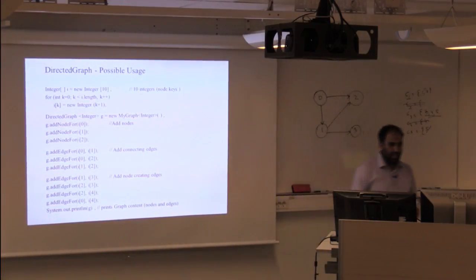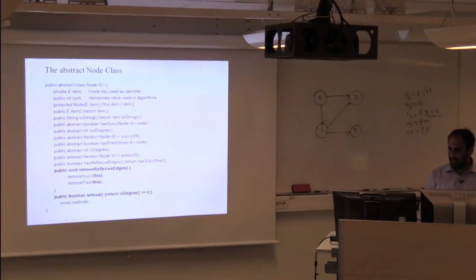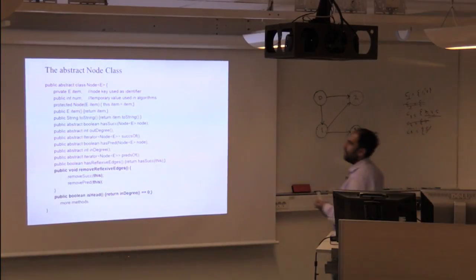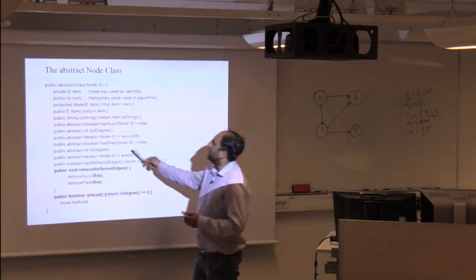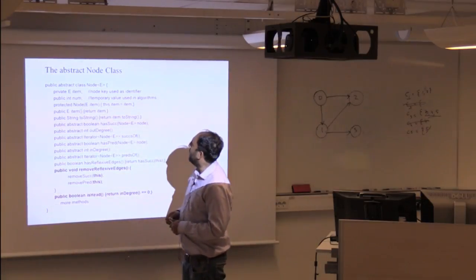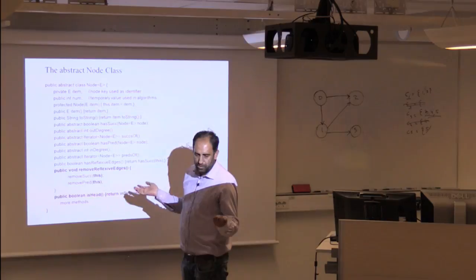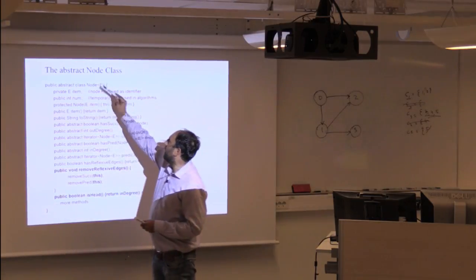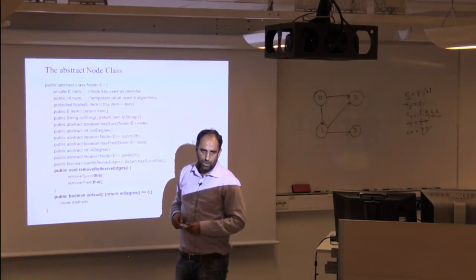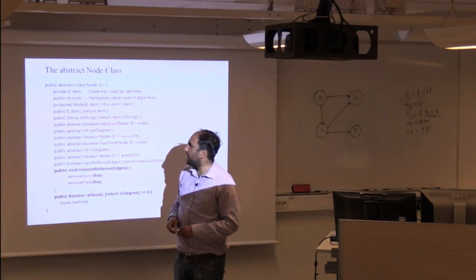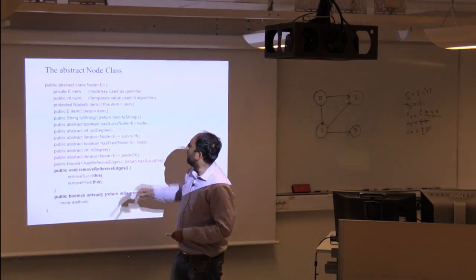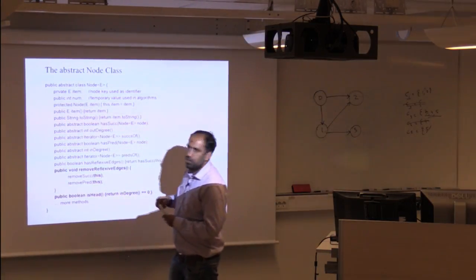Okay, and then here is the abstract node class. Similar to the graph, because the graph supports generics, we also assume that the node class should support generic values. And the E item is the value of the node.